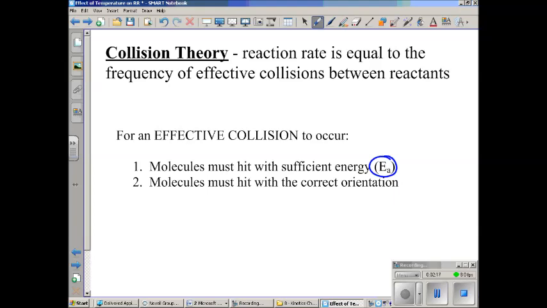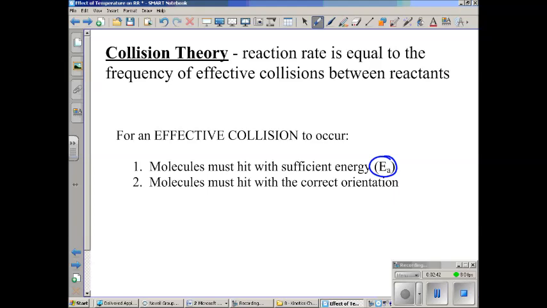You might look at the two examples, the correct and incorrect orientations there on your paper, and think, well, how was I supposed to know they were supposed to collide like that instead of like that? Well, don't really worry about it. You're not going to be given pictures and say which one is correct. You just need to know that they have to hit each other the way that they're supposed to. So they have to hit hard enough, and they have to hit each other in the correct orientation. That's what makes an effective collision.